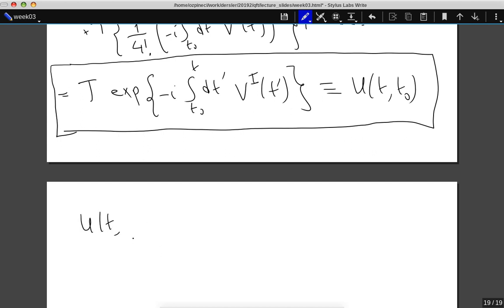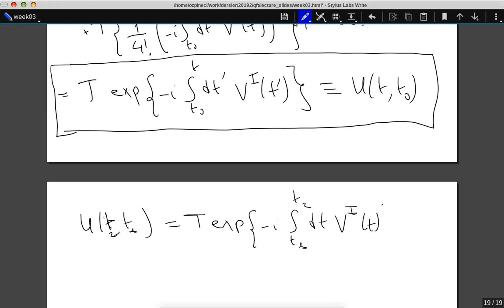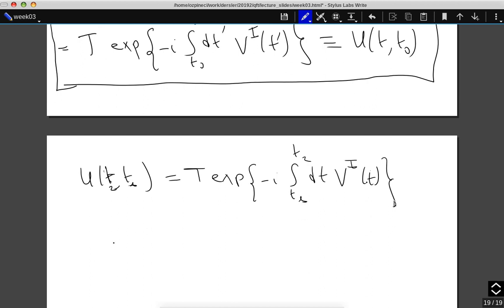This is from our reference time to the point t, but we can just generalize it. From any t1 up to t2, it is just a time-ordered exponential of minus i from t1 up to t2 dt V_I of t. And you can write down some properties.